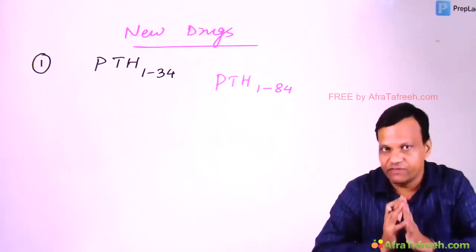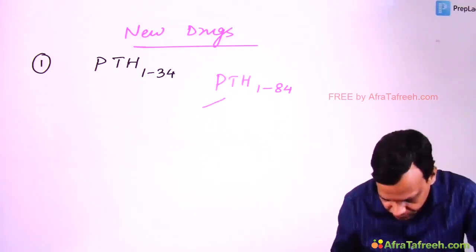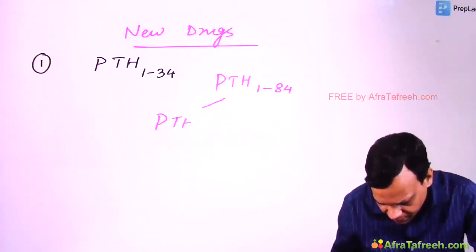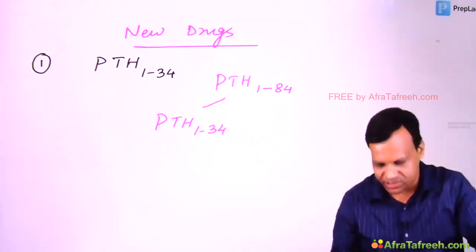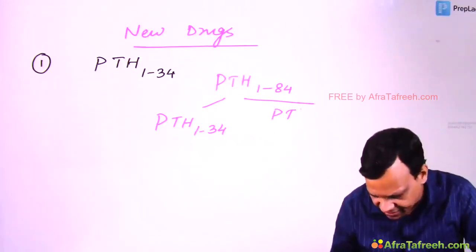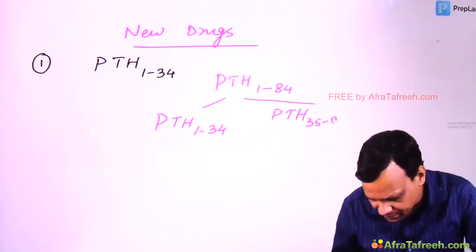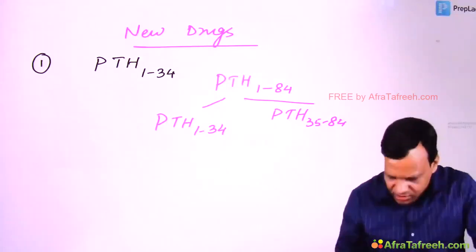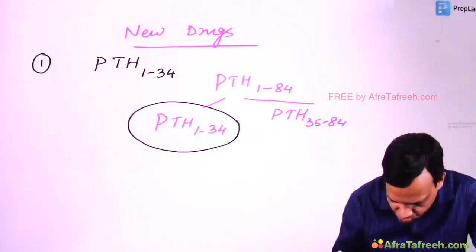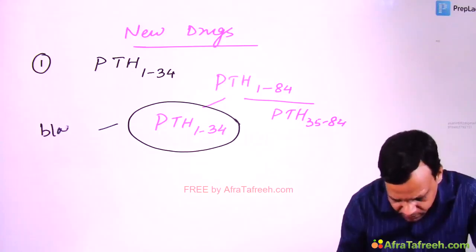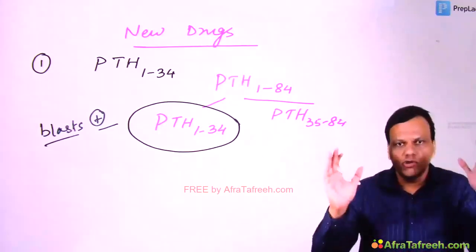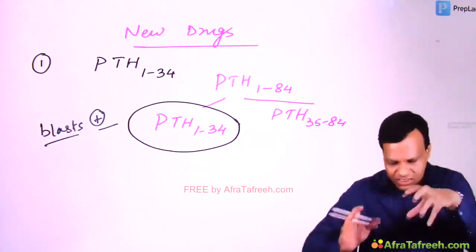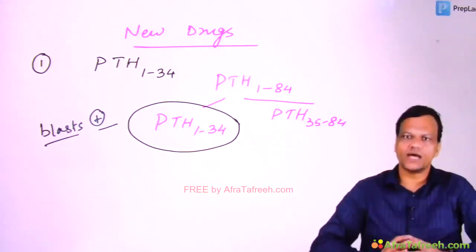But accidentally, once we noted that parathyroid hormone breaks into two components: the first 34 amino acids separate, and the rest of the 50 amino acids separate. And this smaller molecule was actually stimulating osteoblasts. The full molecule was stimulating osteoclast, but this smaller molecule was stimulating osteoblast.